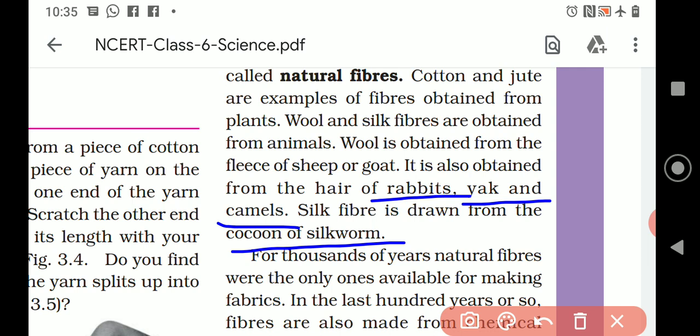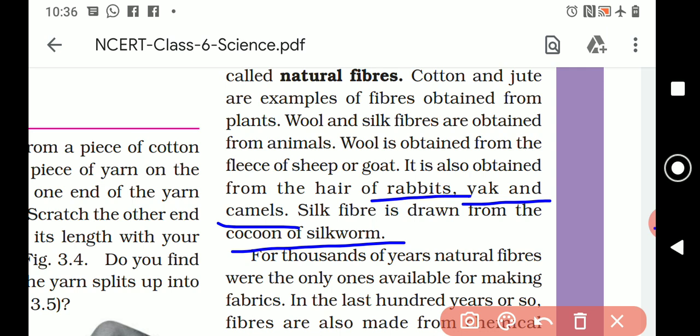So cotton and jute are examples of natural fibers, of course, but the source is a plant. Exactly. Wool and silk are also natural fibers, but they are obtained from an animal source. Okay children, so now we all know that wool is obtained from sheep, goat, rabbits, yak or camel, and silk is obtained from the cocoon of the silkworm.